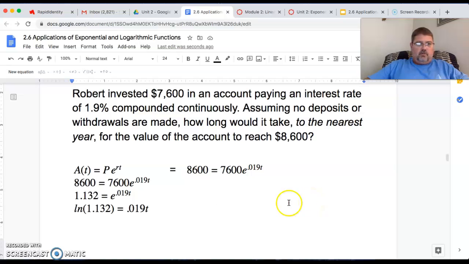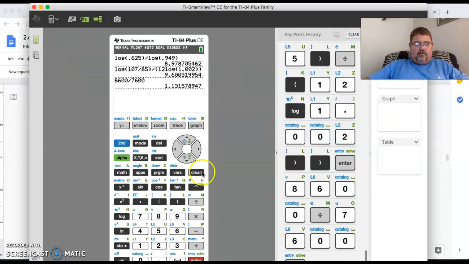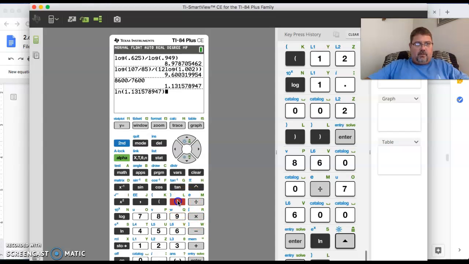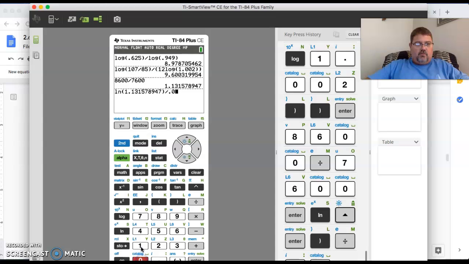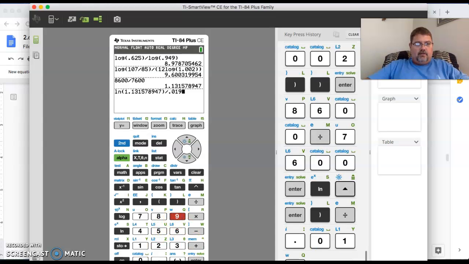So we're going to take the natural log of that stuff, all right? And we're going to divide it by 0.019.